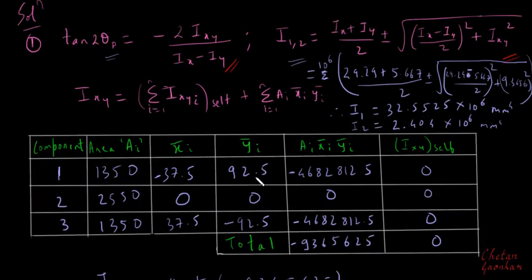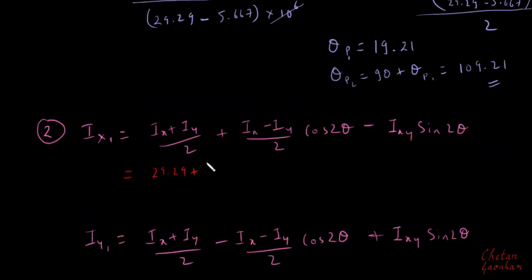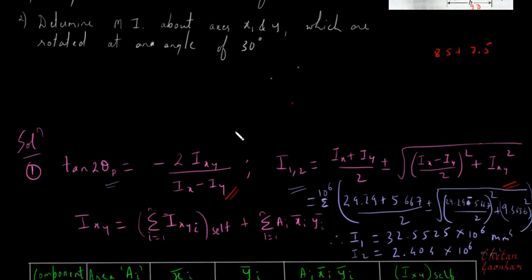So Ix1 is (29.29 plus 5.667) divided by 2, keeping the 10 to the power 6 outside, plus (29.29 minus 5.667) divided by 2, cos of 2 theta. So here theta is 30 degrees.